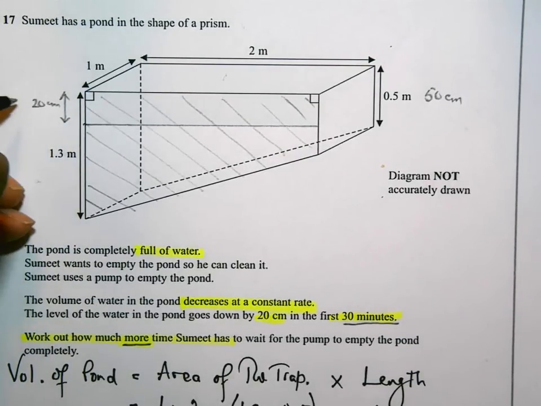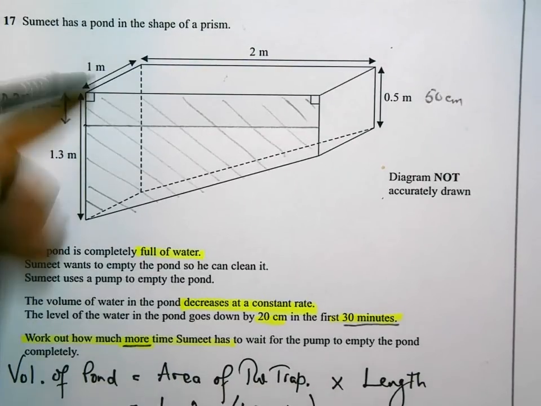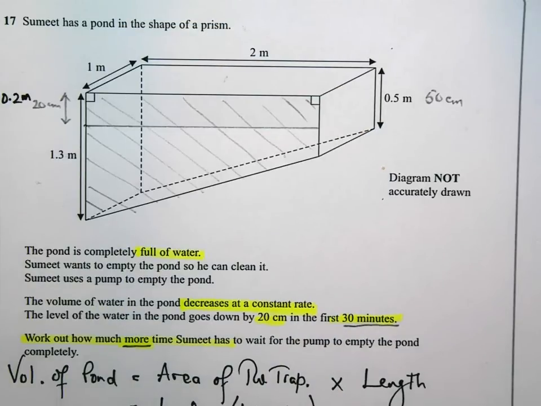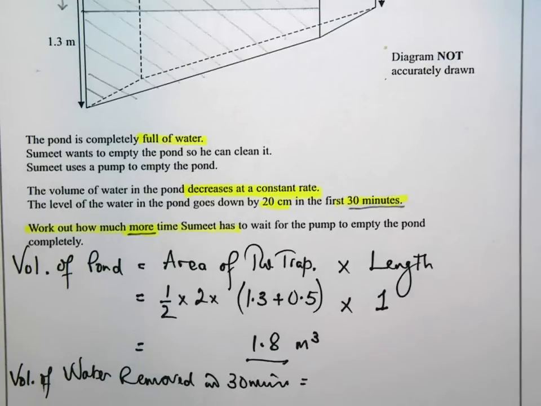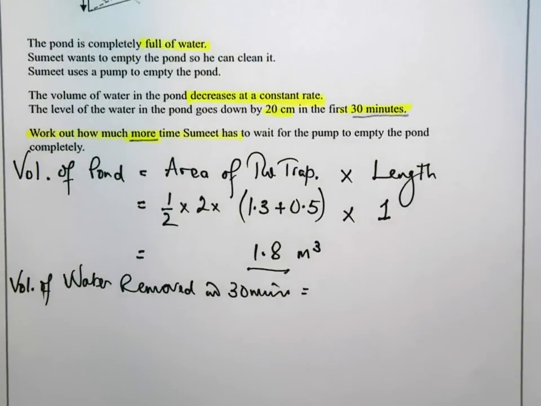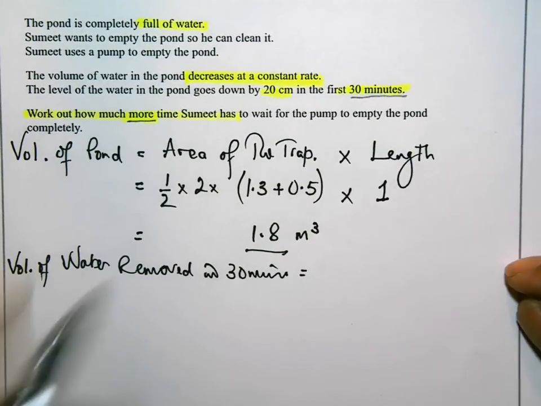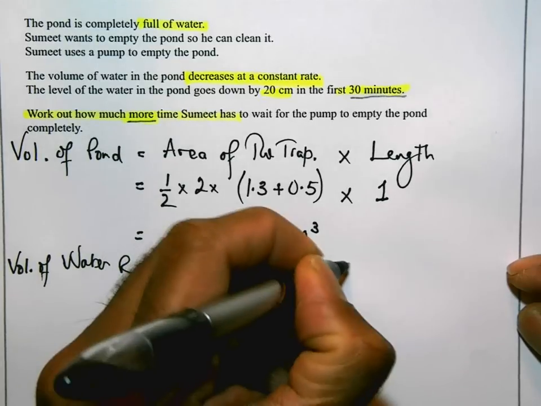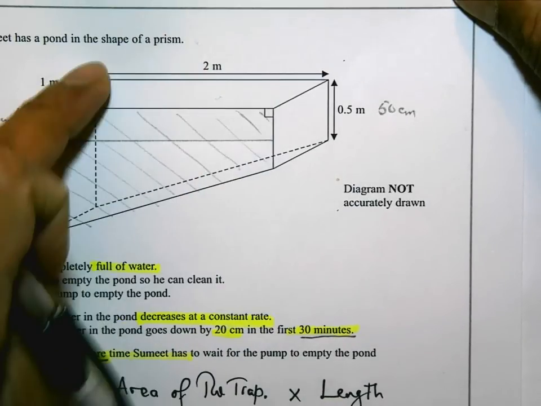And that is going to be like a rectangular cuboid, the block of water that's been removed. So to work out the volume of water removed after 30 minutes, I'm going to do 0.2, that's how much it's gone down by, times the area of the rectangle at the top, 1 times 2.